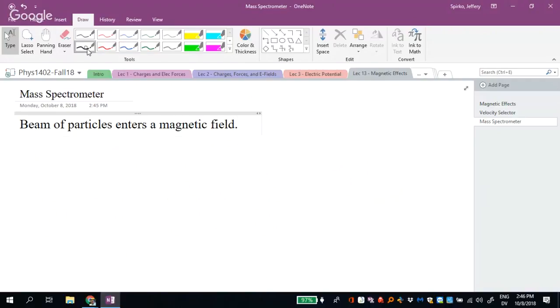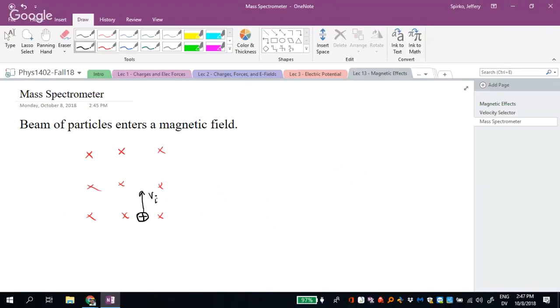So we're going to start with the magnetic field. X, X, X, X, X, X, X, X. And we'll put our beam in here. V initial. So this is the exact same velocity and magnetic field we had on the previous page.